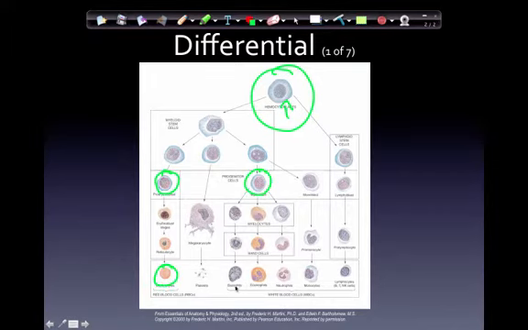Myeloblast will make our white blood cells, and our normal white blood cells, which are multinucleated neutrophils. Monoblast would give us monocytes. Lymphoblast would give us lymphocytes. All came, depending on what it came into contact with, from one cell.